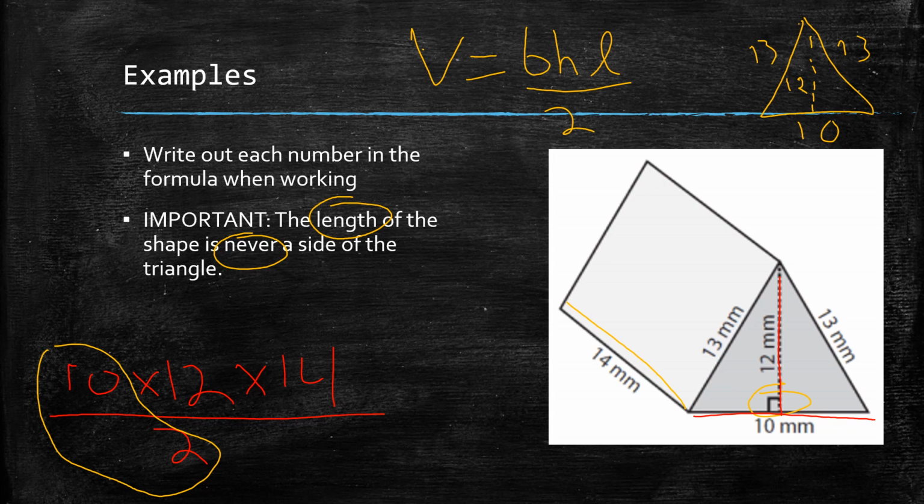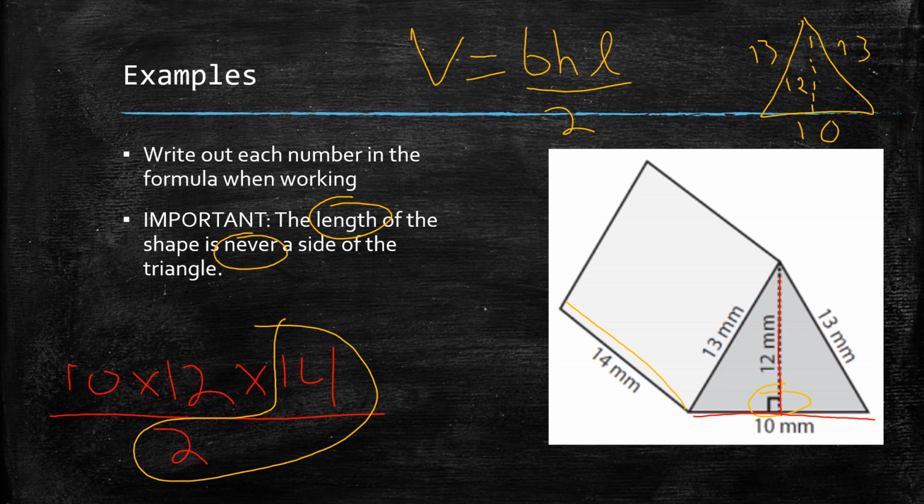That makes the numbers a little bit smaller. If you wanted, you could also divide these two first. 12 divided by 2 is 6. So your problem would be 10 times 6 times 14. However, personally, I'd rather split my biggest number.